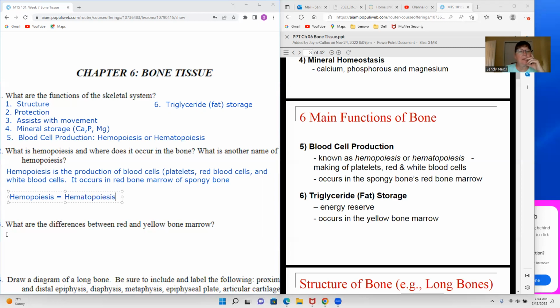And then it wants to know, what's the difference between red and yellow bone marrow? Good question. So let's start with red bone marrow. Red bone marrow is found in spongy bone and does hemo or hematopoiesis.